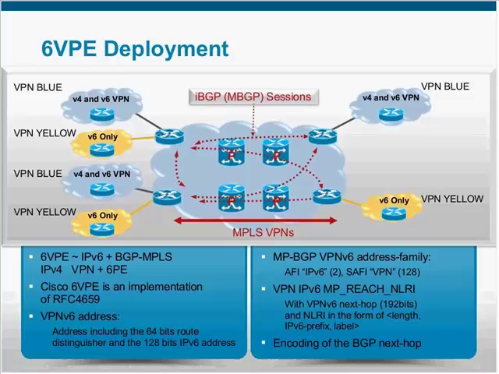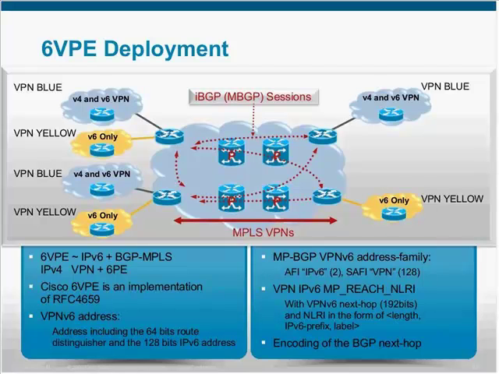As before, with the 6PE technique, all of the IPv6 routes were installed in the global routing table. But now with this technique, the routes are installed into a routing table that is particular to one VPN, which is called a VRF, a routing and forwarding instance.